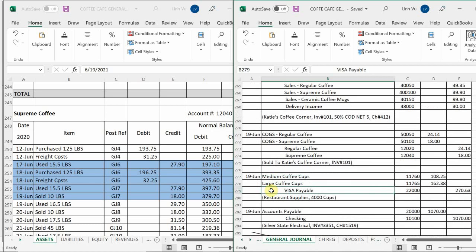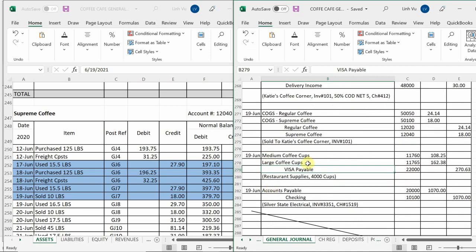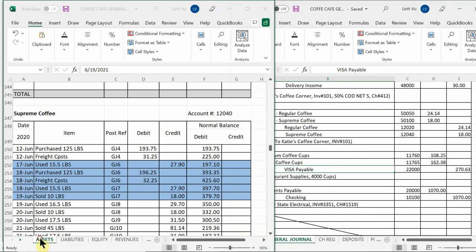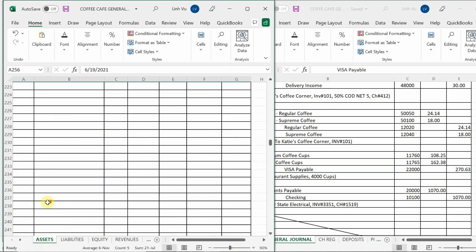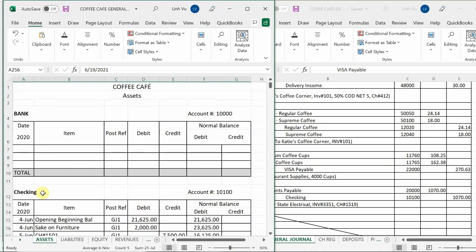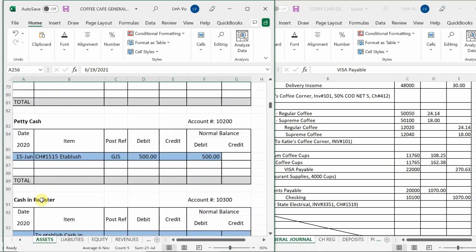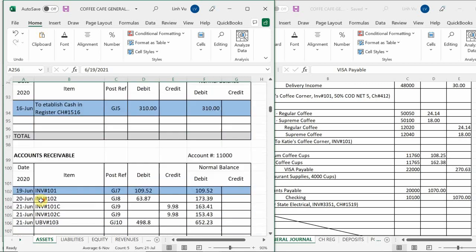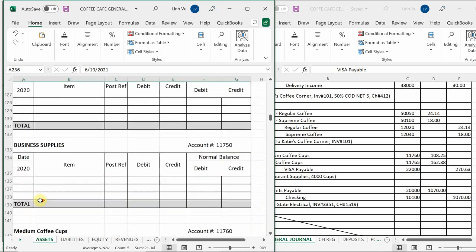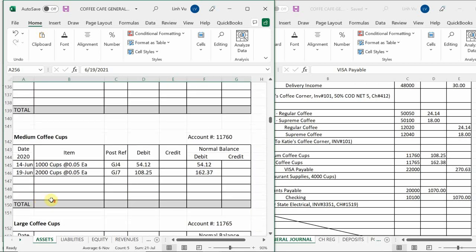Okay, so we're here. So we purchased coffee cups, medium and regular. Okay.